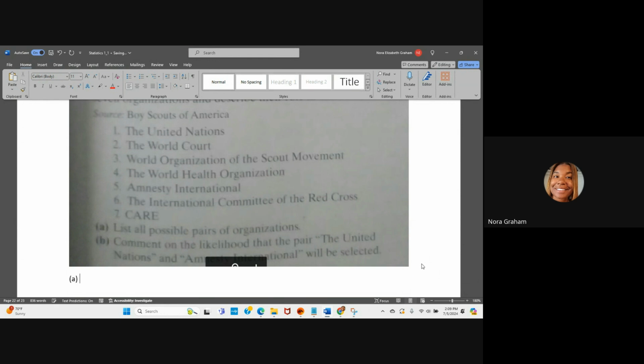So for A, we have to find all possible combinations of these 7. So I would just write them in sets, right? We can start with 1, and I'm not going to write down the whole names. I'll just label them by their numbers. So I'll do 1 and 2, which is the United Nations and the World Court. That could happen. All right.